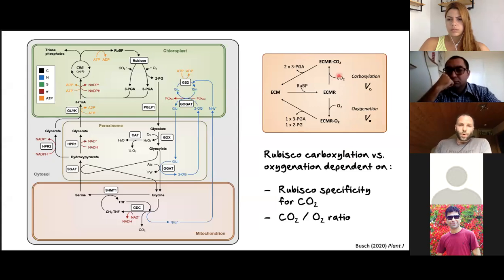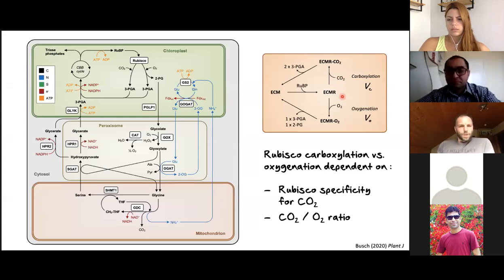So if there's more CO2 around, then obviously that reaction will be favored relative to the reaction with oxygen. So we really need to know the ratio of CO2 to oxygen at the active site of Rubisco. And because oxygen is so much higher in concentration than CO2, we can take it pretty much constant. So really the only important parameter is the CO2 concentration.